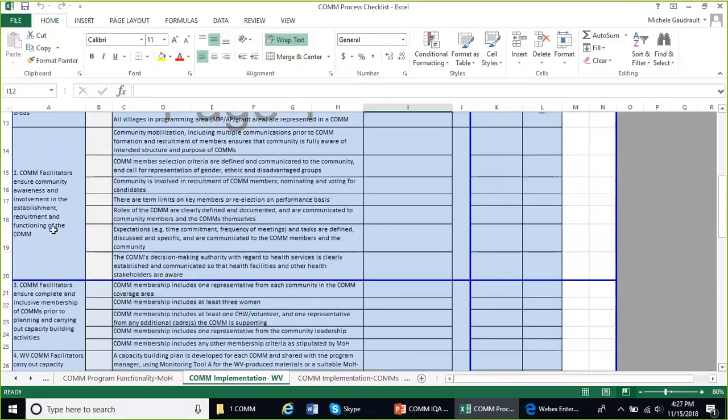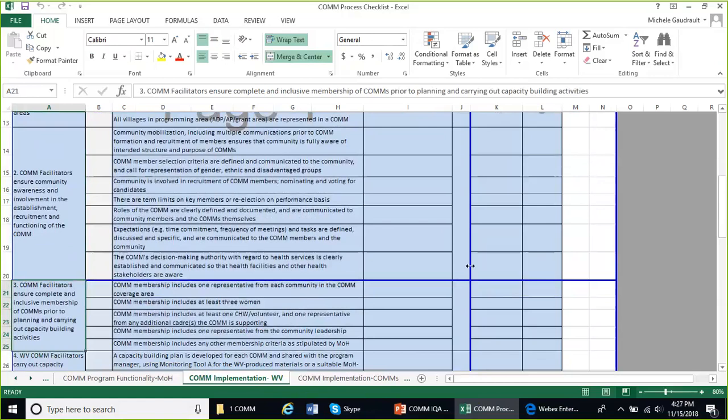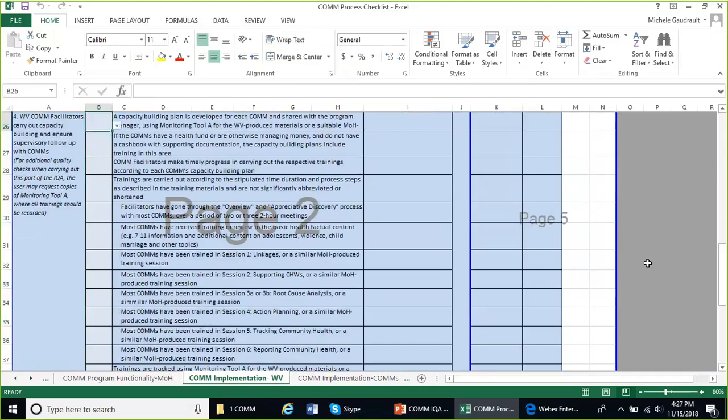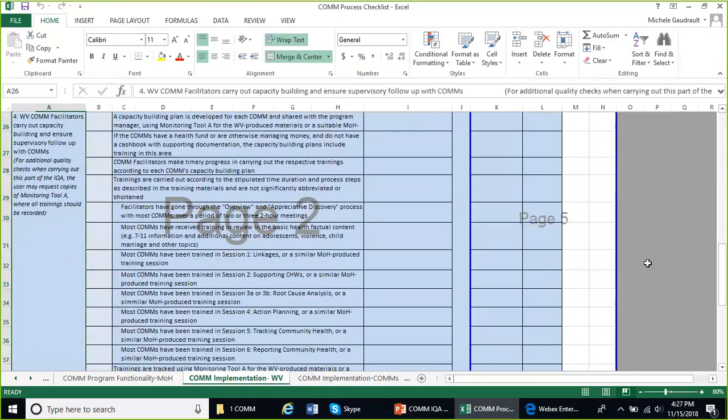That the community preparation takes place so that the communities are aware of the COMMs and what they're meant to do, etc. That the COMM membership is complete, that the facilitators try to ensure inclusive and complete COMM membership prior to moving forward. Then that they carry out full capacity building of the COMMs, and we can track that here.